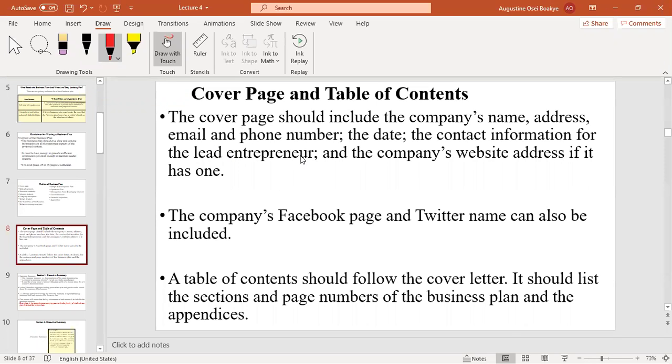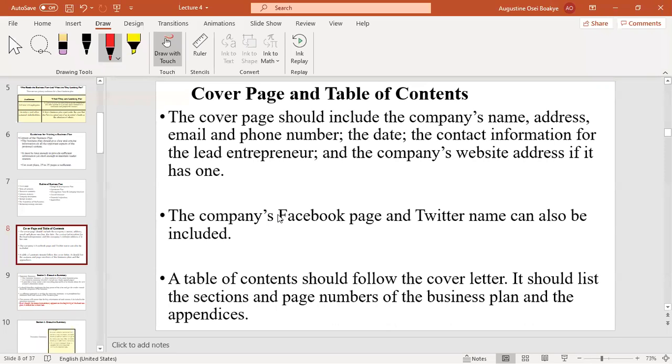So the one who will be liaising with perhaps investors and also explaining the vision to other employees that will be joining. And if possible, the company's website, because some people would like to take a casual look at what you've so far put up there and the propositions you are advancing as far as your creative ideas are concerned.